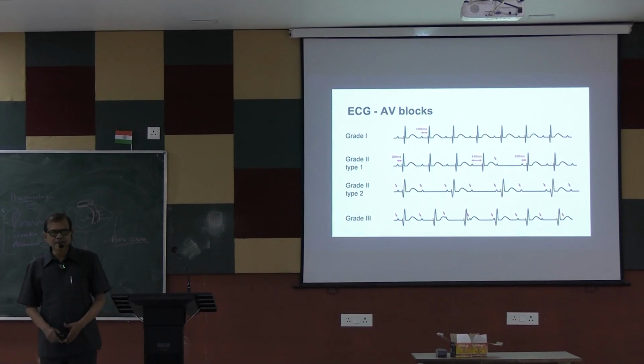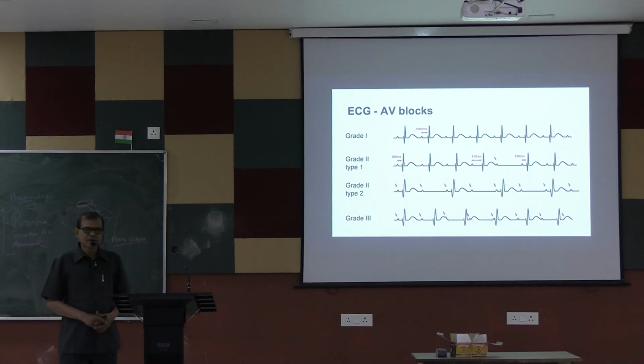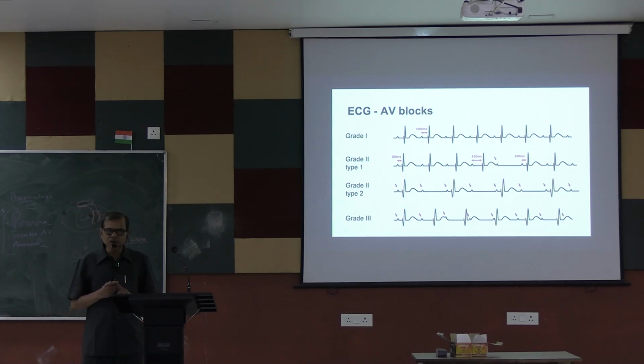Third degree AV block means complete heart block, characterized by number 1, slow ventricular rate, usually less than 40. Number 2, regular rate. Number 3, presence of AV dissociation. What are the causes of AV dissociation?